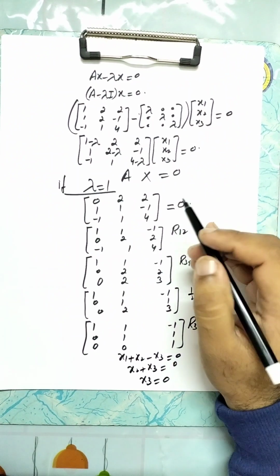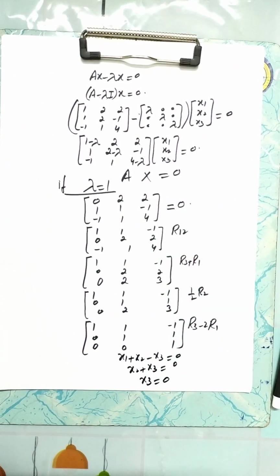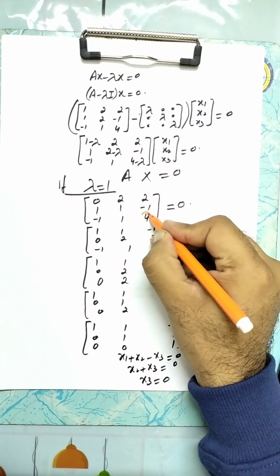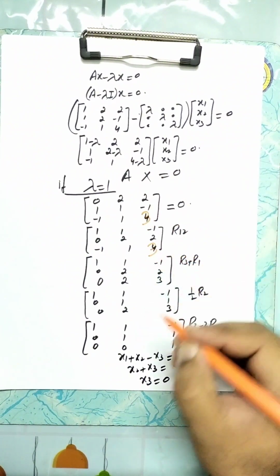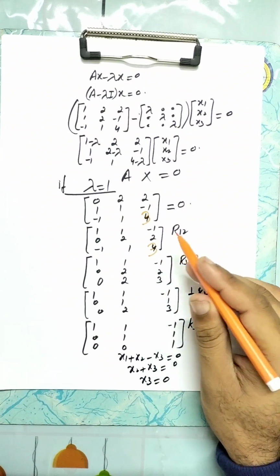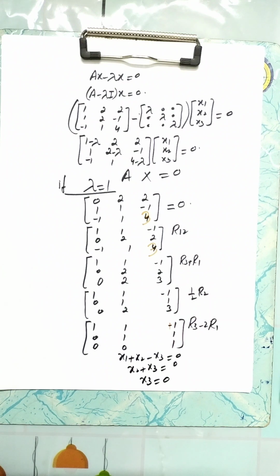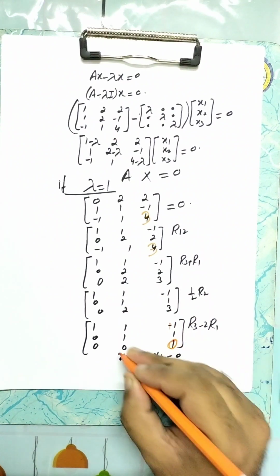So here we find some mistake. This is 4 minus 1 and this becomes 3. So this is 3, and after applying these operators I made a mistake just here, and all these terms are 0.